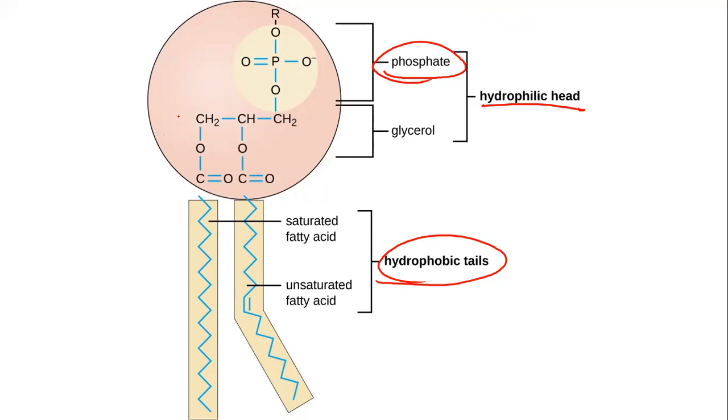So ito class, yung part ng glycerol. Ito siya. Okay. And then next, this is the phosphate group.